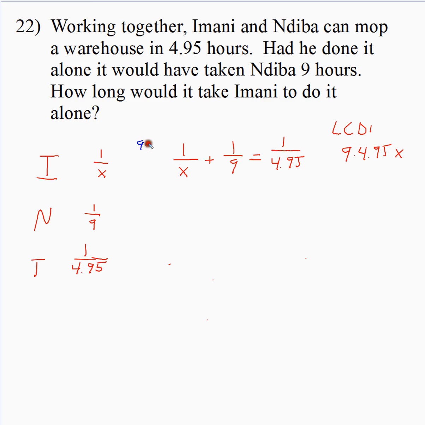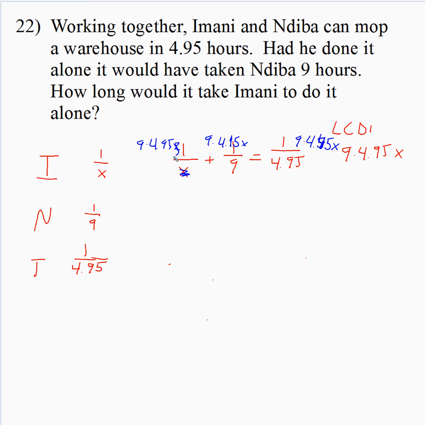So 9 times 4.95x, 9 times 4.95x, and the same thing over here. And what will happen is, just like before, things will cancel out. Sorry, that should be a 4.95. And so here the x reduces.